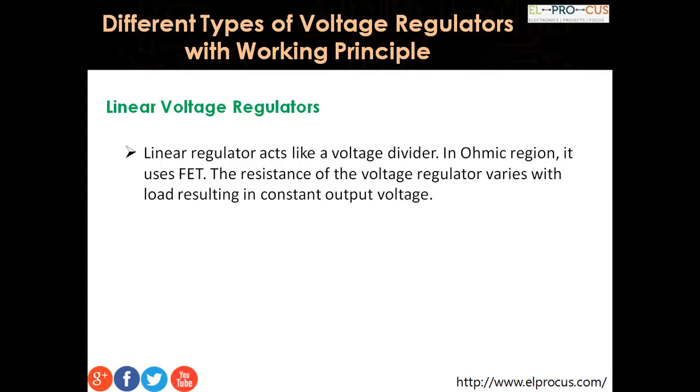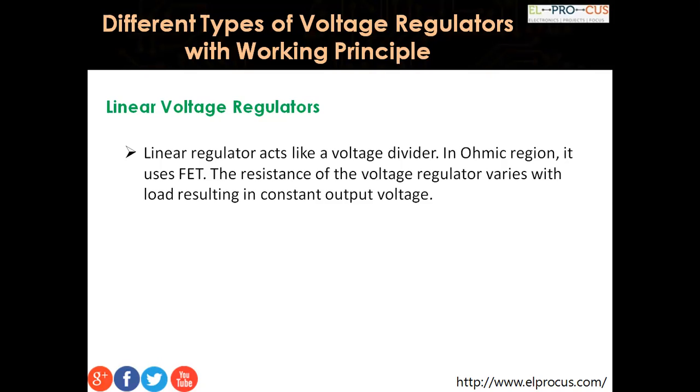A linear regulator acts like a voltage divider, because we are supposed to regulate whatever input you are giving at the input. The voltage gets divided, and whatever amount you require at the output, you will get. So we are using the voltage regulator as a voltage divider circuit.